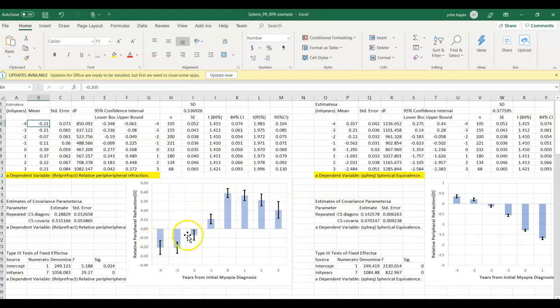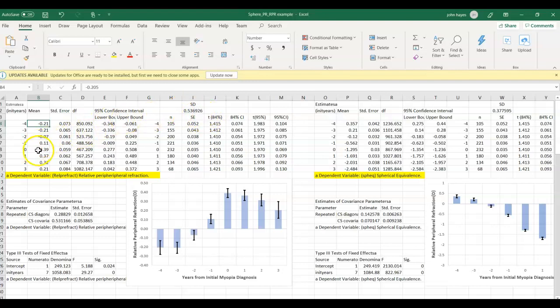Now the other thing we want to know is, we see these guys are different, but how different are they? What's the magnitude of that effect? And to do that, we use effect size. Effect size is the difference between means divided by the standard deviation.